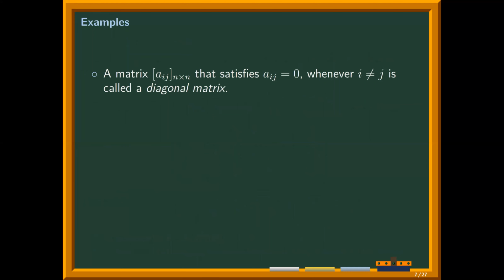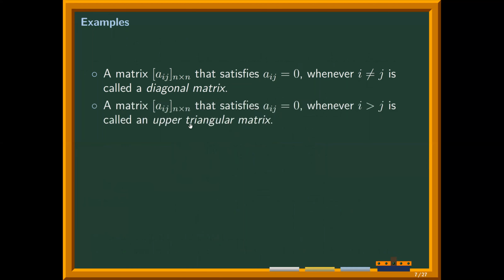A matrix of size n that satisfies A sub ij equals 0 whenever i is not equal to j is called a diagonal matrix. A matrix of size n that satisfies A sub ij equals 0 whenever i is greater than j is called an upper triangular matrix.